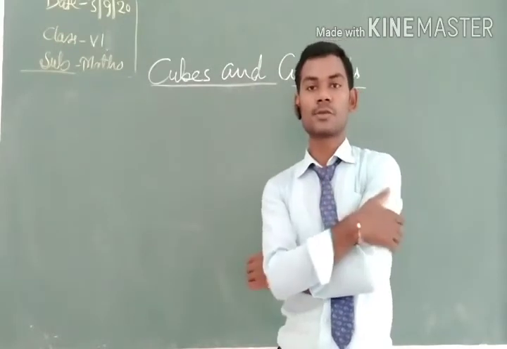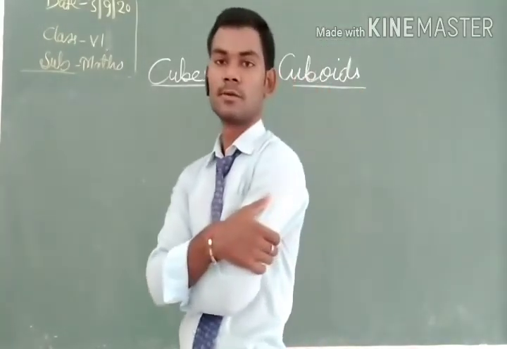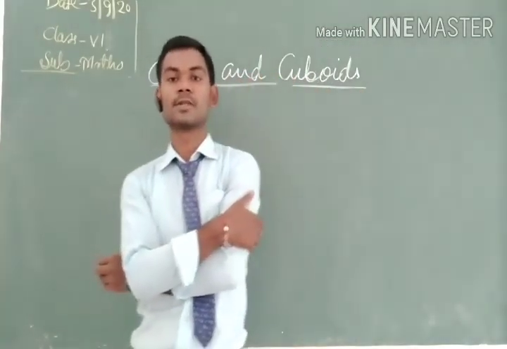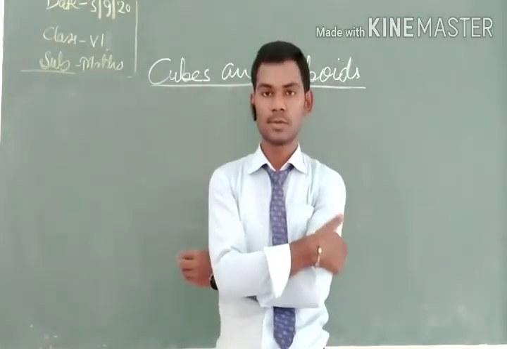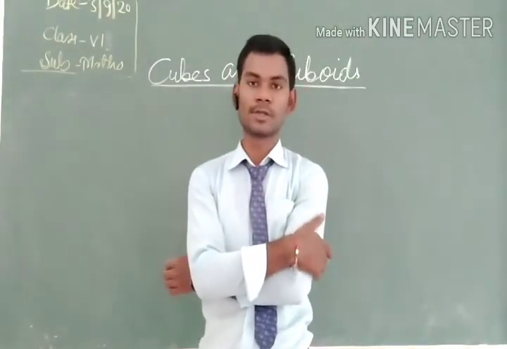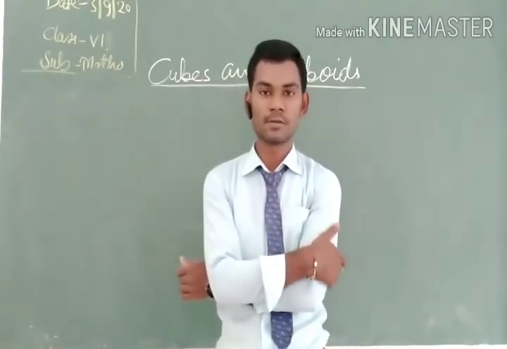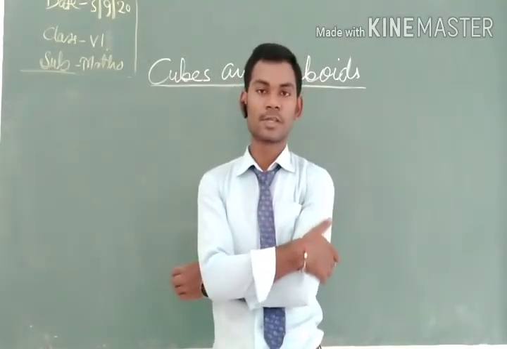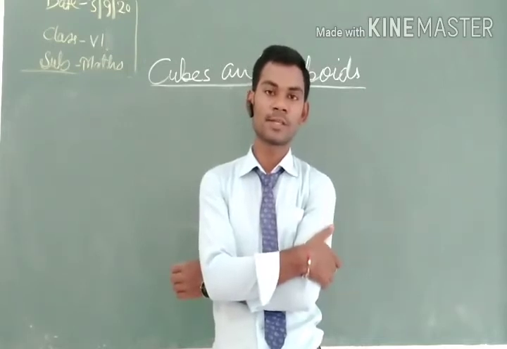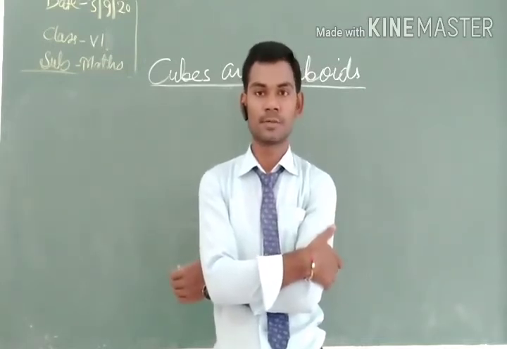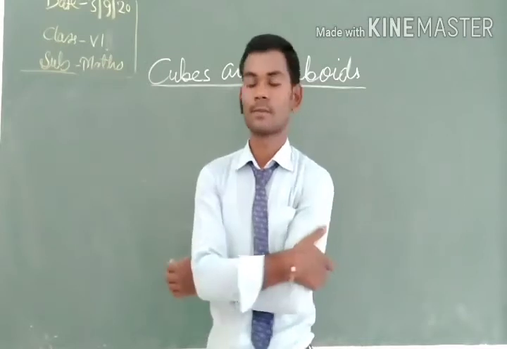Cubes and cuboids. Now let us see what a cube is and how it forms in 3D form. A cube is the three-dimensional figure which is formed from its corresponding two-dimensional figure, the square.